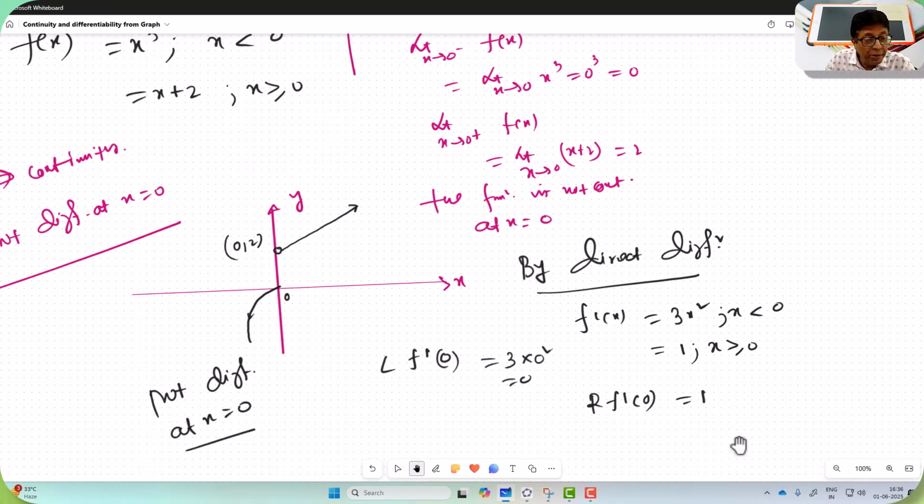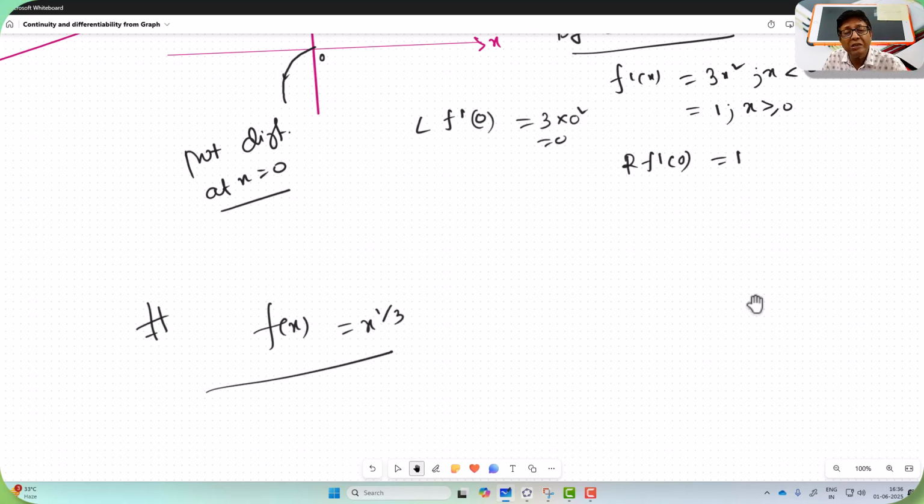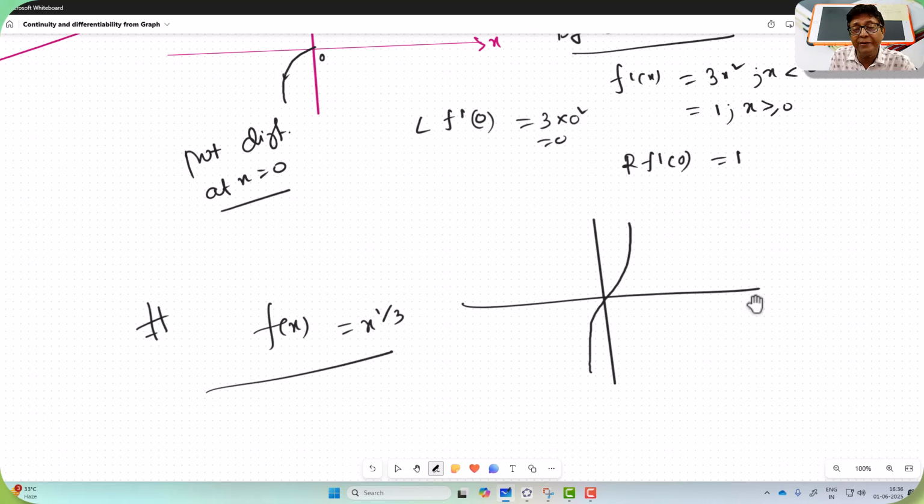Clear? Hope you have understood. Now let me go for this function, f(x) equal to x to the power 1/3. For f(x) equal to x cube, the graph we have seen is about the x-axis, it goes in this manner.